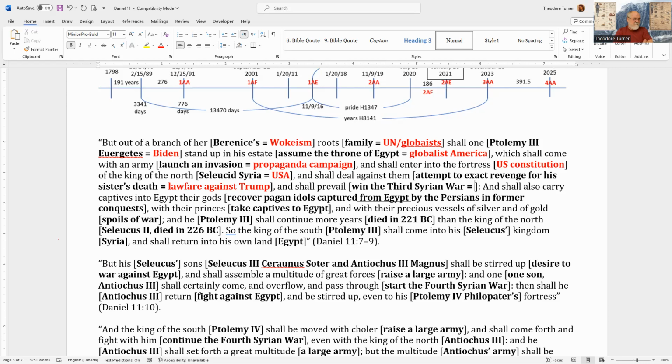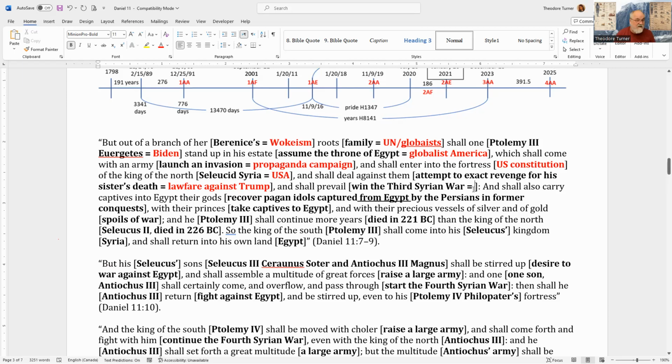Which is the US Constitution of the King of the North, of the United States. And they seek to exact revenge for his sister's death. Though the sister's death being welcome isn't definitely destroyed, but Trump has come against them. And shall prevail, win the third Syrian war.